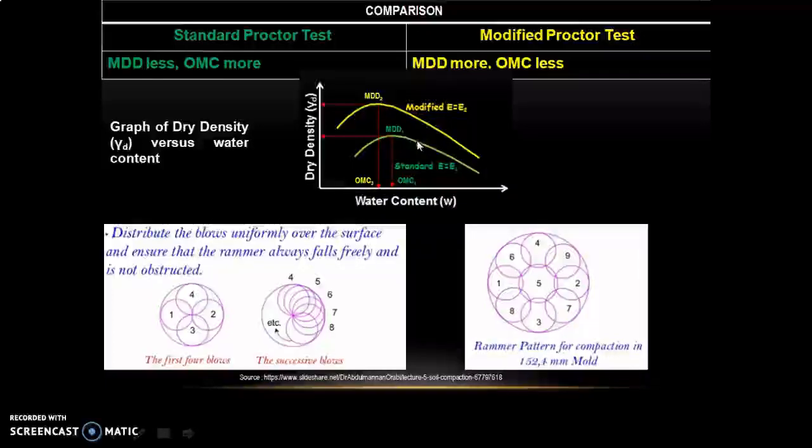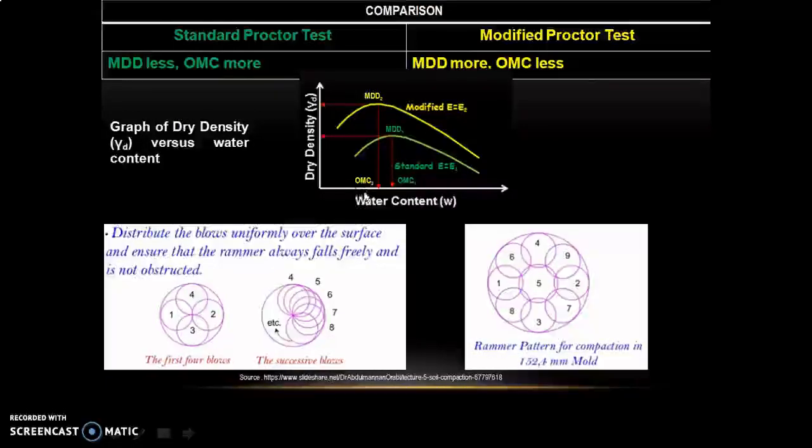From both of these graphs, we can observe that the dry density achieved is more compared to that of the standard Proctor test. That means we can achieve greater density with the help of the modified Proctor test. And the optimum moisture content is less compared to that of the standard Proctor test.